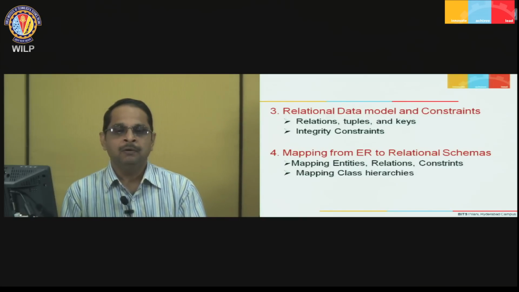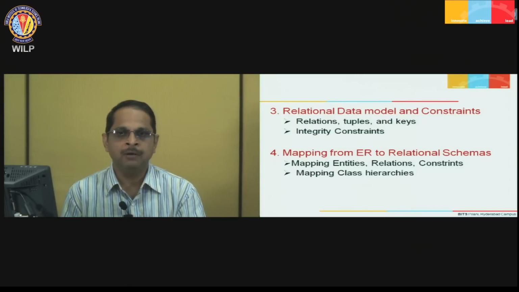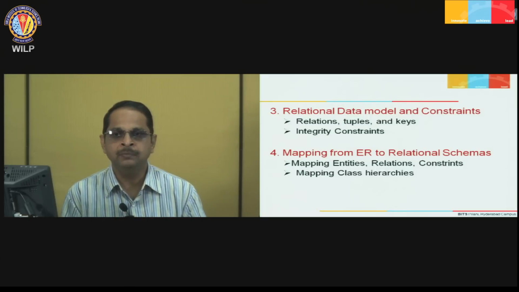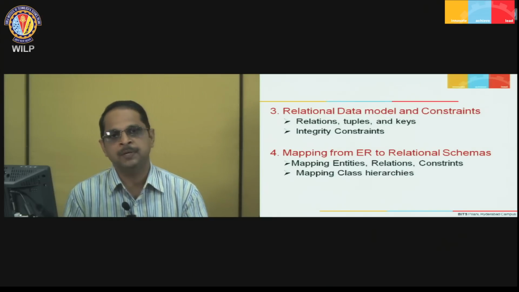Then we have conceptual design in terms of ER modeling and we have relational data model. We discussed about how to map the ER diagram to relational schemas, mapping entities, mapping weak entities, mapping relations, constraints and how to map class hierarchies that have been captured in ER model to relational schemas, that also we have discussed.